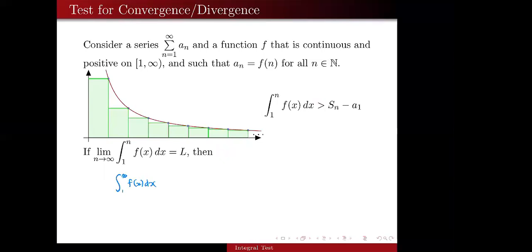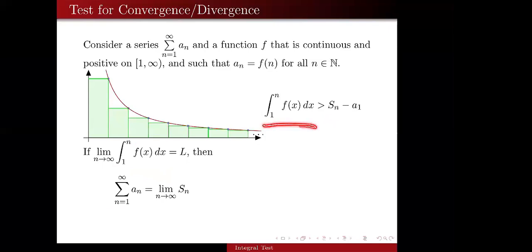And suppose that the limit of that definite integral from 1 up to n of f of x dx is equal to L. Suppose it's equal to L. Then what will we get? The sum n starting from 1 up to infinity. This is just the limit of your S sub n.